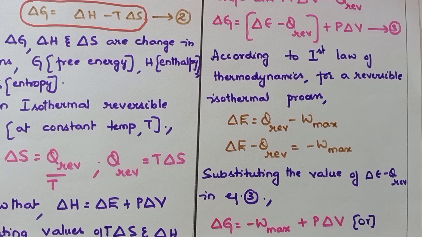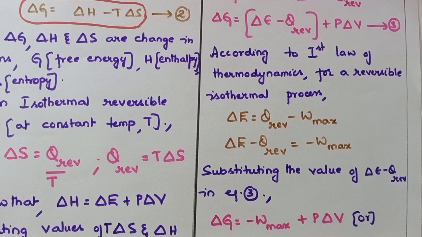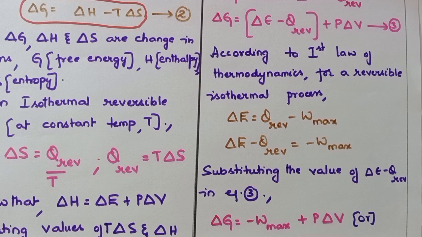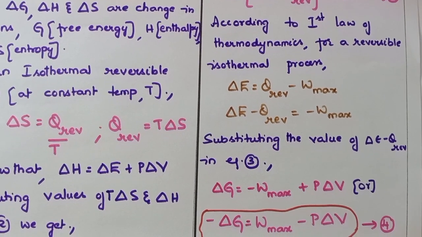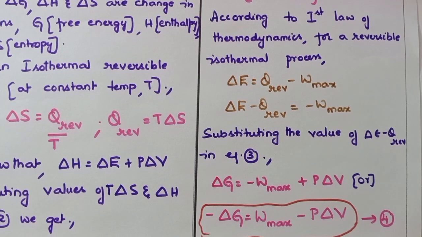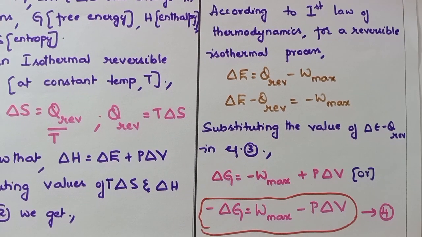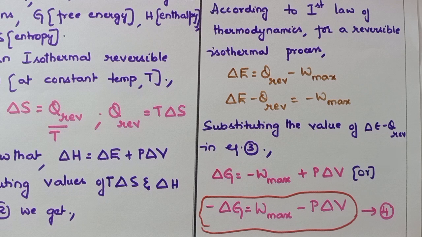We have its value as minus W max plus P delta V, which can be written as, bring that negative sign to the left side, minus delta G is equal to W max minus P delta V. The same expression can be written like this.